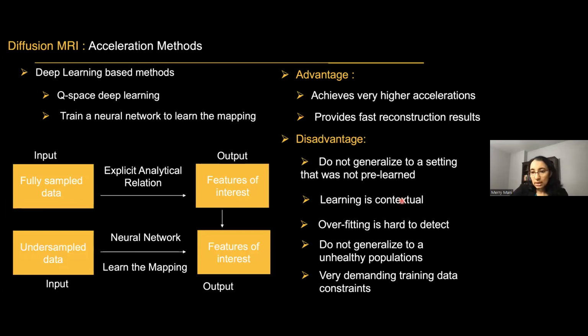So the learning is highly contextual, which means that it can provide inference correctly in the situation where it was learned, whereas if it was not trained for some particular situation, then the results are probably not trustworthy. So overfitting is hard to detect. Because of that, it's hard to generalize these methods to study the general population.